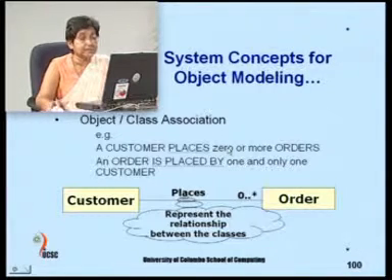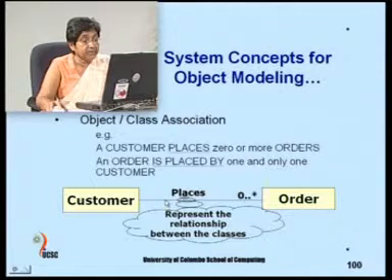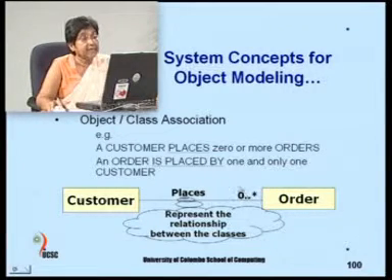There may be customers who have not placed any order at any given time. So, here places represents a relationship between the classes. You say customer places the order, and this symbol symbolizes 0 or more orders.